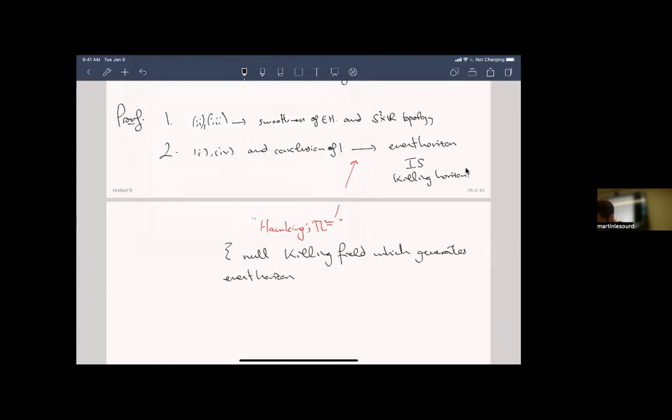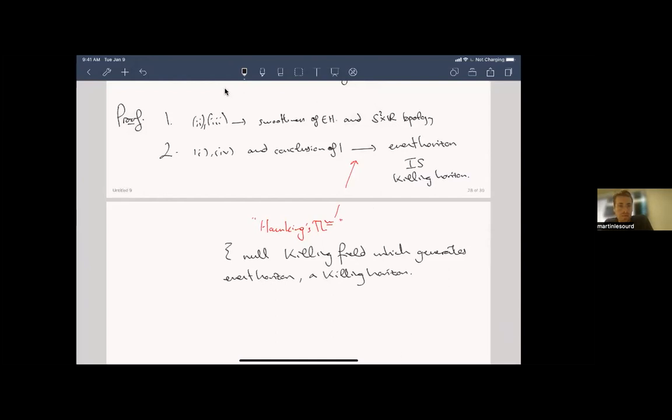Moreover, it's a Killing horizon. This is important. There was a question by G. Weinstein in lecture 2: what is a Killing horizon? Essentially, the question was, what's the point of this thing? And the point is that it's because of this theorem.